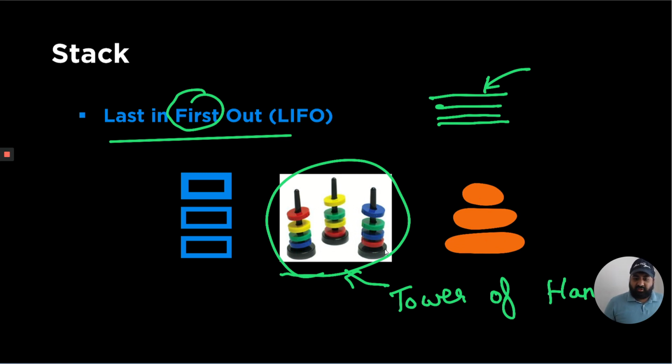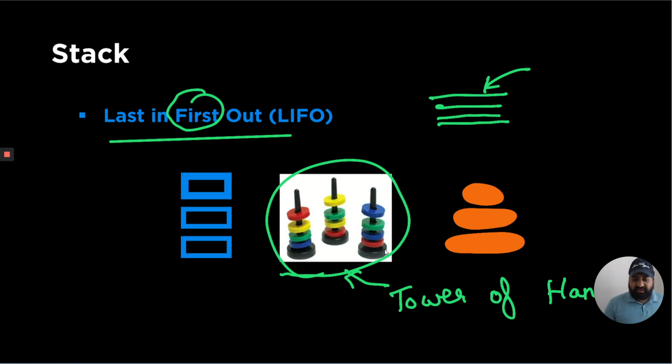The disks are ordered such that the smallest disk is on the top, and the largest disk is on the bottom, and the disks are increasing in ascending order. So this problem is also solved by stacks. We are going to see that in the later half of the course, but right now, this is another example or use case of where stacks are commonly used.